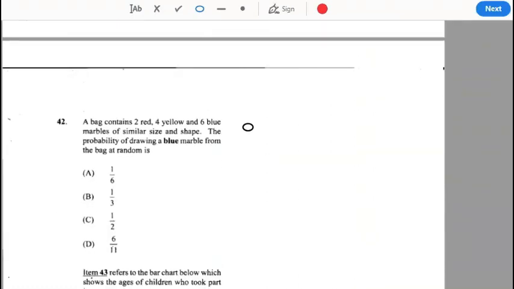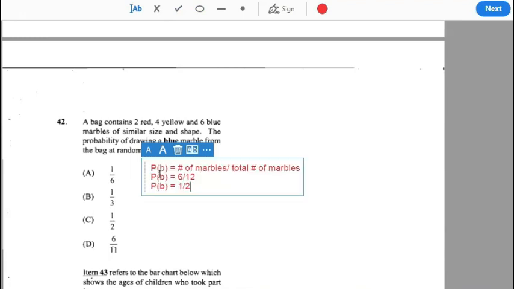Question 42. A bag contains 2 red, 6 yellow, and 6 blue marbles of similar shape and size. Find the probability of drawing a blue marble. So probability is the number of marbles divided by the total number of marbles: the number of blue marbles, which is what we're trying to find, divided by the total marbles.